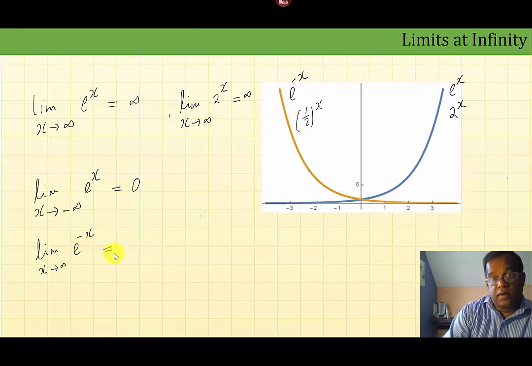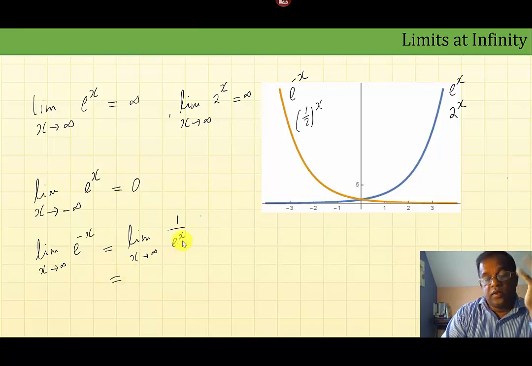Another way to look at it, e to the negative x is the same as the limit as x goes to infinity of 1 over e to the x. So you can easily see e to the x goes to infinity as x goes to infinity, so 1 over infinity goes to 0.